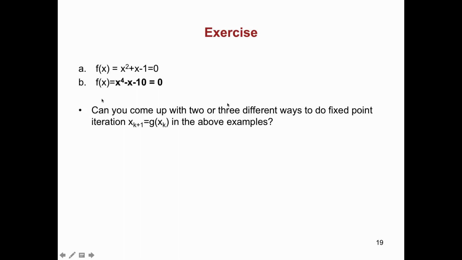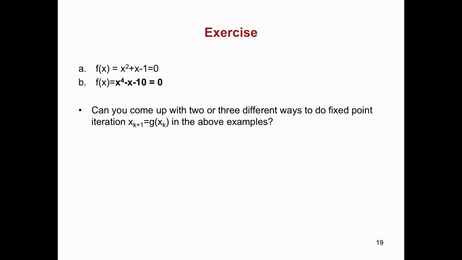So for this problem B, f of x is x to the 4 minus x minus 10 equal to 0. Can you come up, let's say as a class first, with a couple of different versions of this function g?